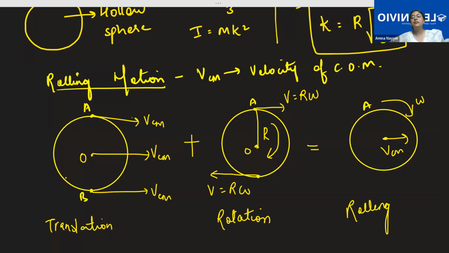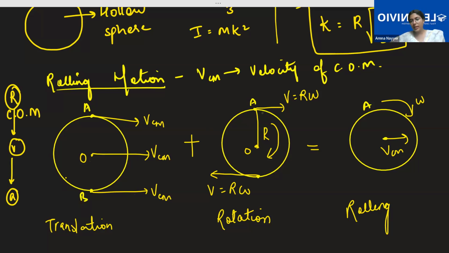Remember we discussed this in center of mass: first we said position of the center of mass, then velocity of the center of mass, and in fact we discussed acceleration of the center of mass. So this is VCM, VCM, VCM. All of these are directed to one side.